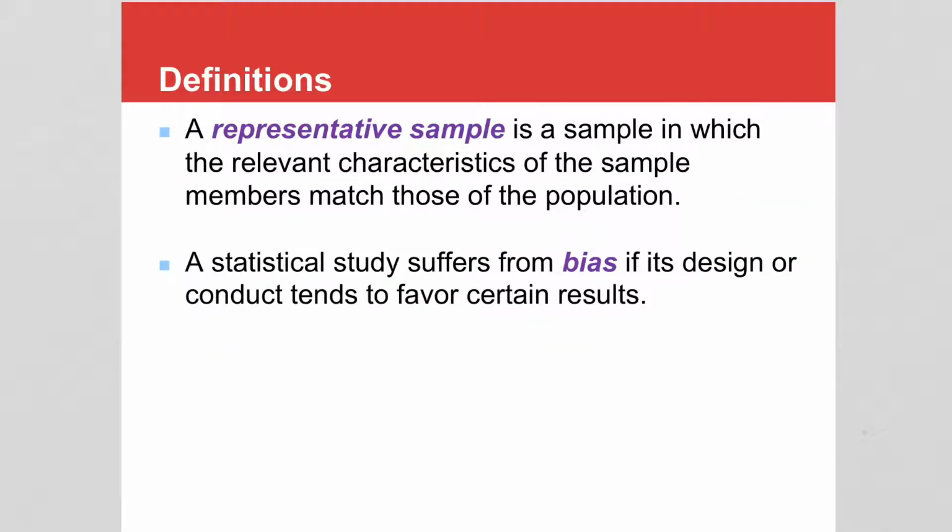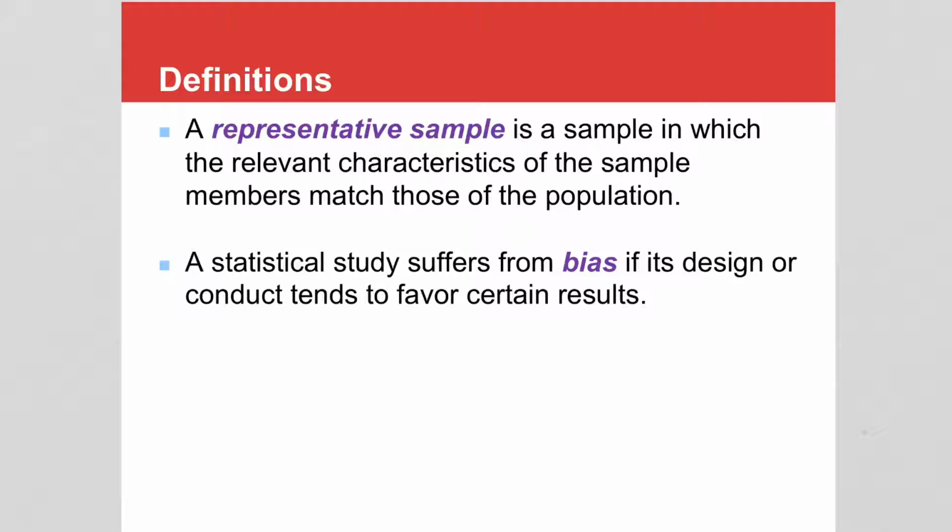More definitions. A representative sample is a sample in which the relative characteristics of its sample members match those of a population. So if we're looking at the entire United States, you want people of all race, all gender or ethnicity, rich or poor, or everything you can possibly think of that would happen in the United States and throughout the entire country to be able to have a representative sample.